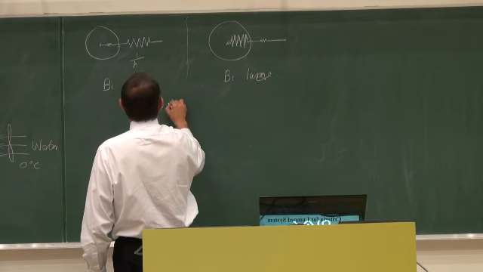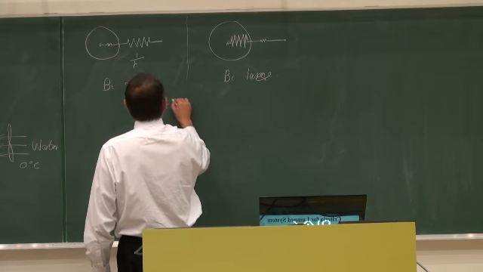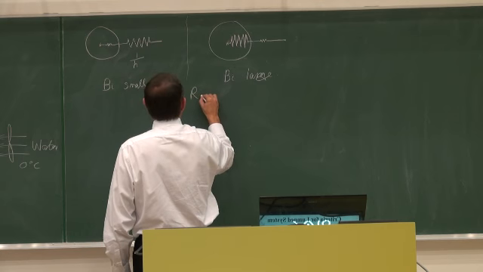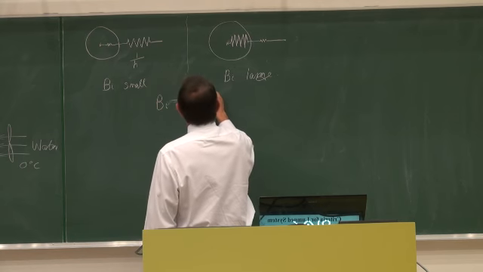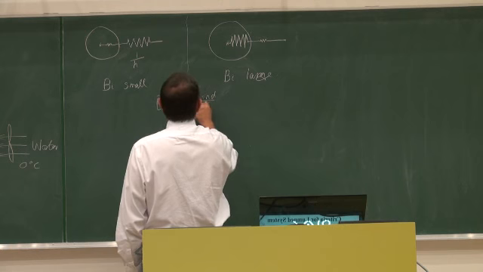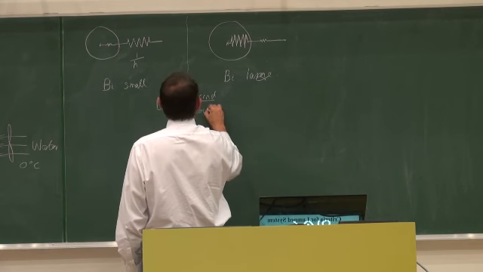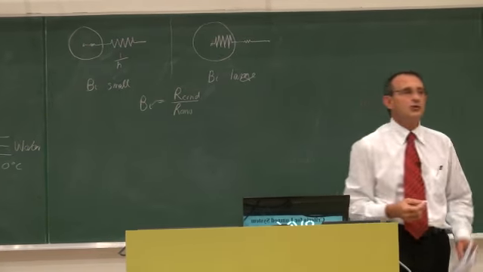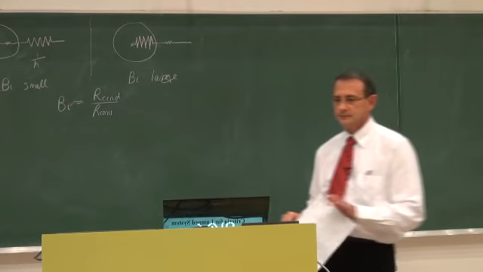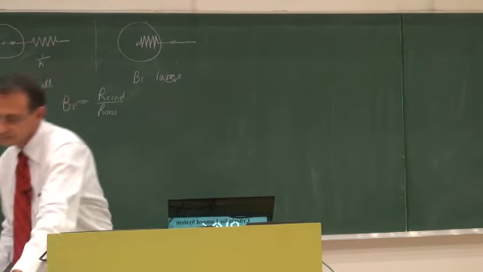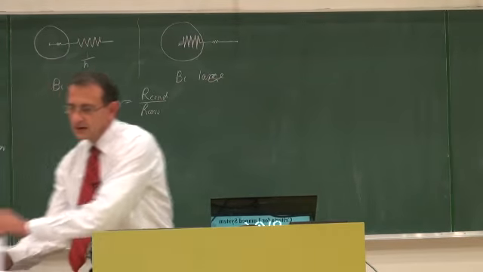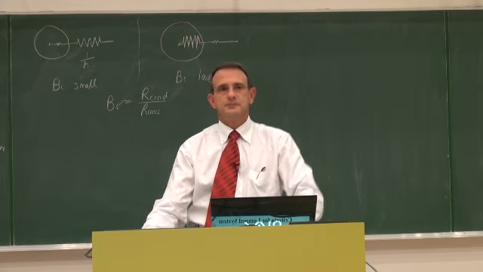The Biot number is about the resistance of conduction on the inside of the body divided by the resistance of convection on the outside of the body. Ladies and gentlemen, do you follow? It's simple.